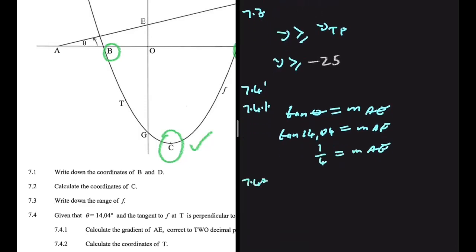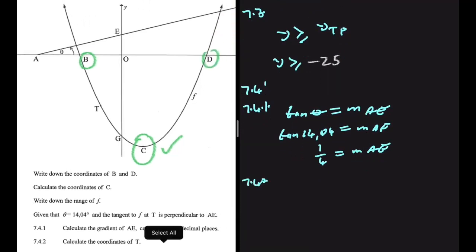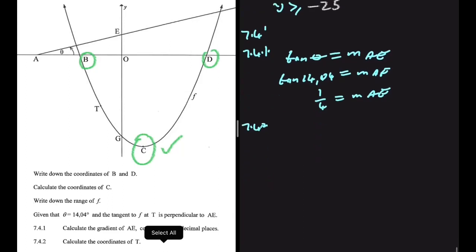7.4.2. Let's calculate the coordinates of T. We are told that T lies on a tangent that is perpendicular to AE. So we can find the gradient at T with ease. Because if the tangent is perpendicular to AE, then the gradient of the tangent multiplied by the gradient of AE will give us minus 1.